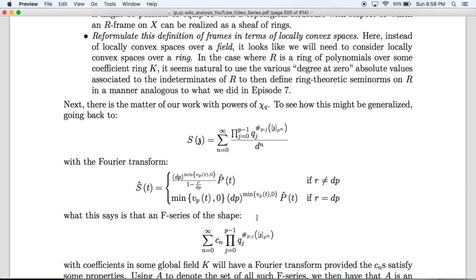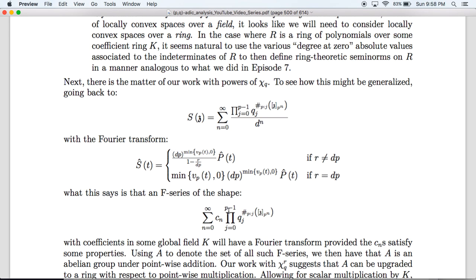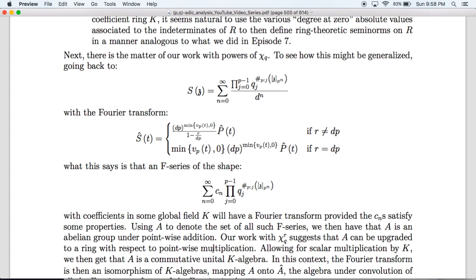To see how this might be generalized, going back to our F-series S sub z with its Fourier transform, what this says is that we have an F-series of this shape with coefficients c_n and some global field K. We'll have a Fourier transform, provided that the c_n satisfy some properties. Using A to denote the set of all such F-series, we then have that A is an abelian group with respect to pointwise addition.